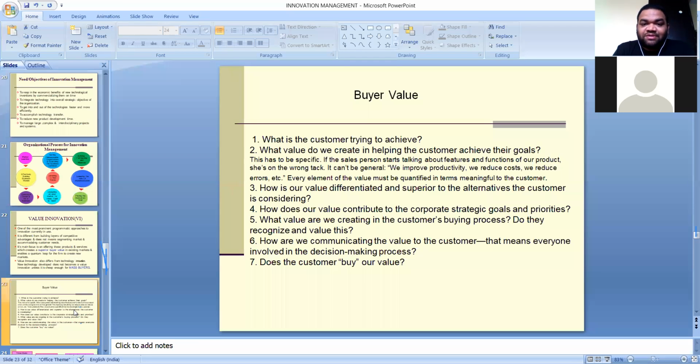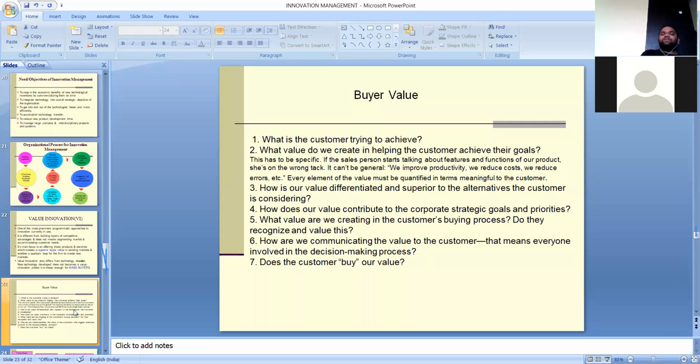What is the customer trying to achieve? Don't think that customer achieving means after buying our product; through buying, what is the customer trying to achieve? Second, what value do we create as the innovators or marketers or entrepreneurs in helping the customer achieve their goals? Next, how is our value differentiated and superior to the alternatives the customer is considering?